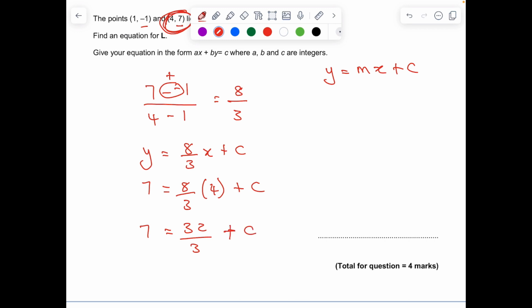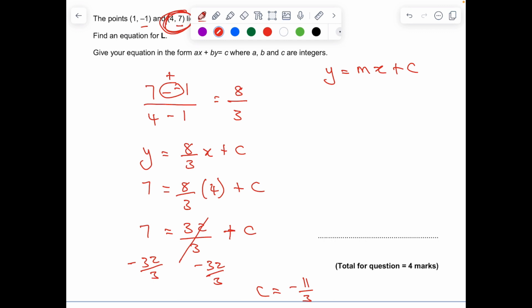Now, remember, you have your calculator. So I'm now going to do 7 take away 32 over 3 on both sides to get rid of it here, so that I've just got my c on its own. And you can do that on the calculator. So I'm going to do 7 take away 32 over 3, which gives me minus 11 over 3.